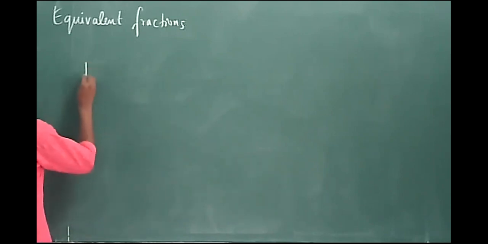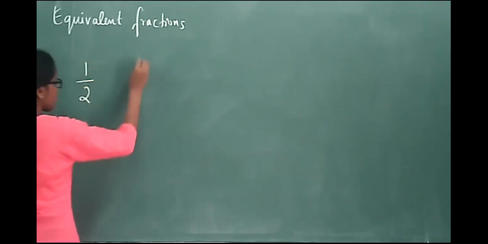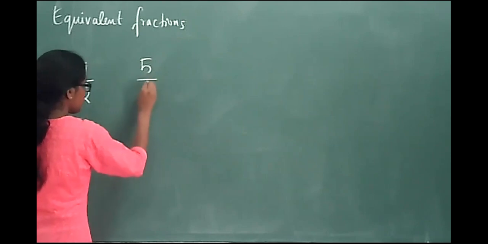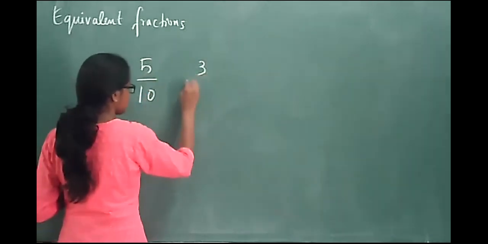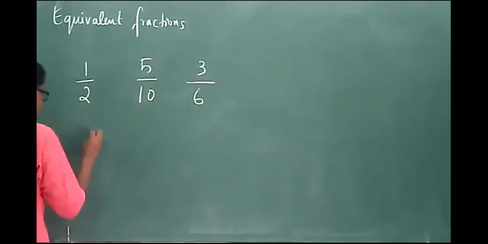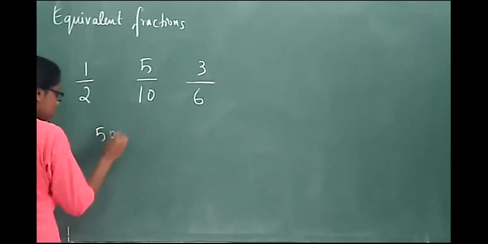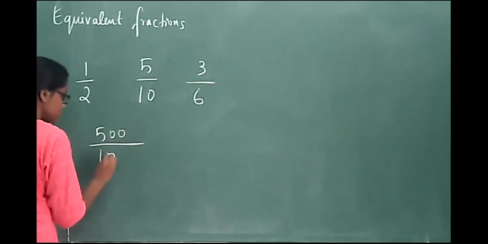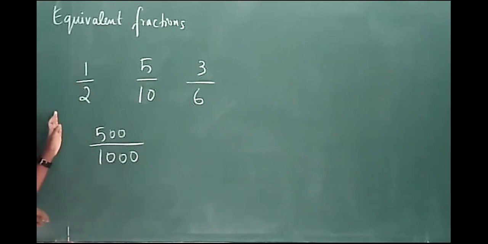Let me start by giving my examples. One of the examples I would say is 1 by 2, 5 by 10, 3 by 6, or say 500 by 1000. All of this are equivalent fractions, right? Basically, if you have a cake, make it into two parts and eat one part.